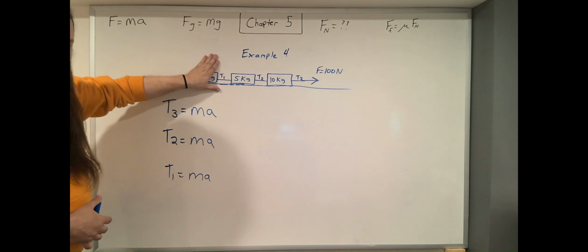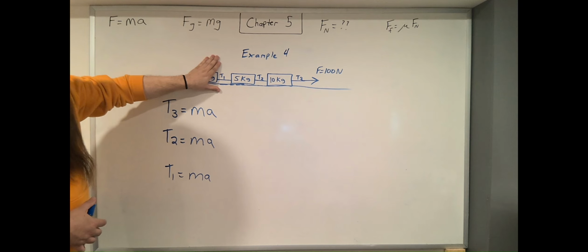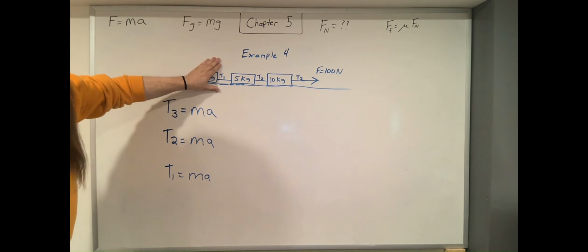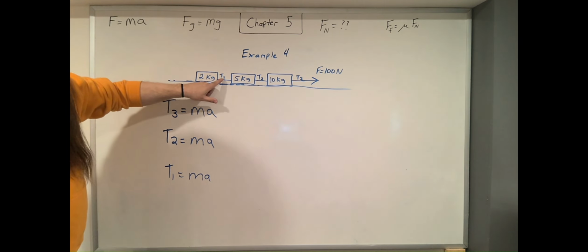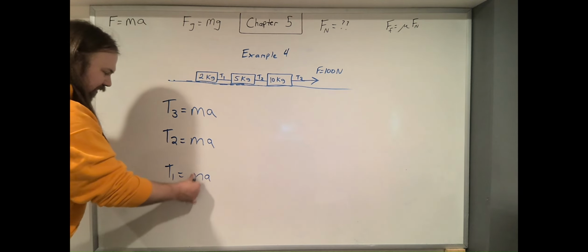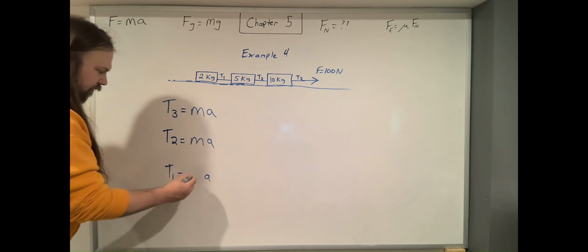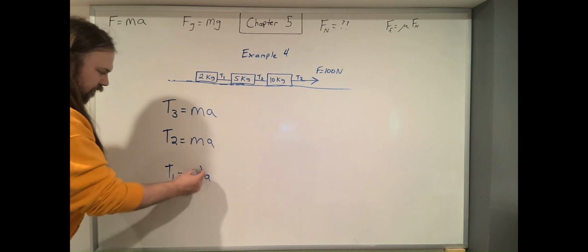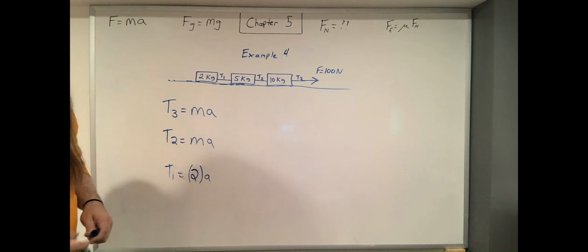If the 2 kilogram mass was not there, there'd be no tension in T1 because it's not pulling anything. It wouldn't be taut. There's no tightness in the rope or anything. So the cause of T1 is this 2 kilogram mass. That's what we're going to use down here. Okay, I'm going to put 2 for that.